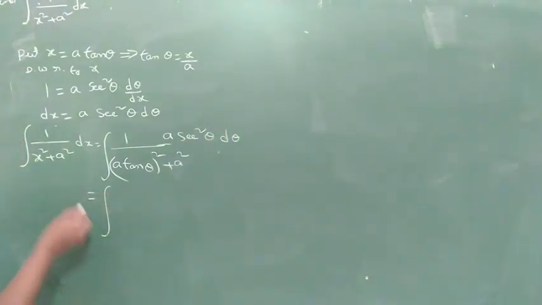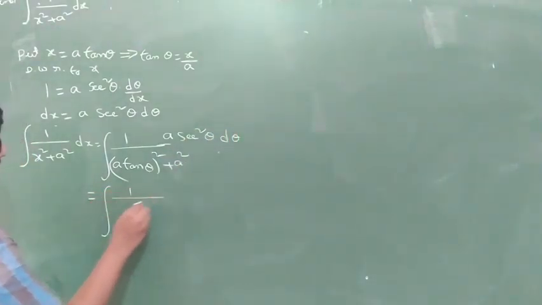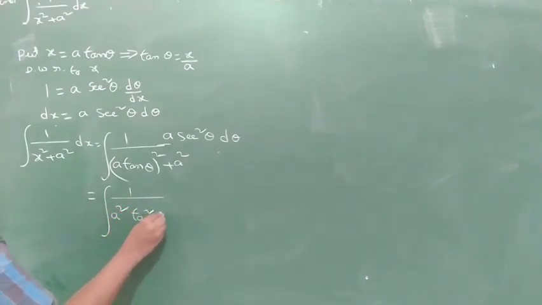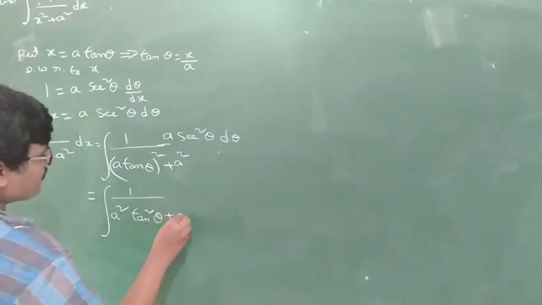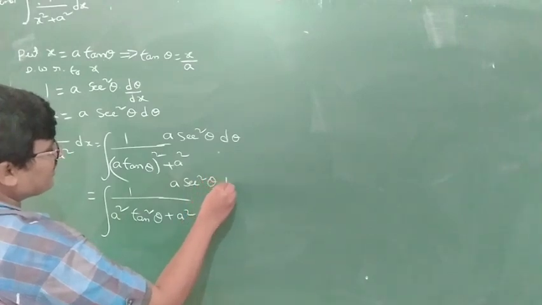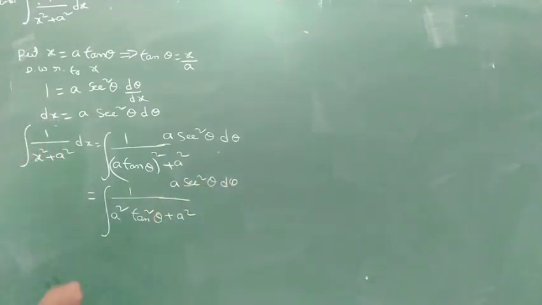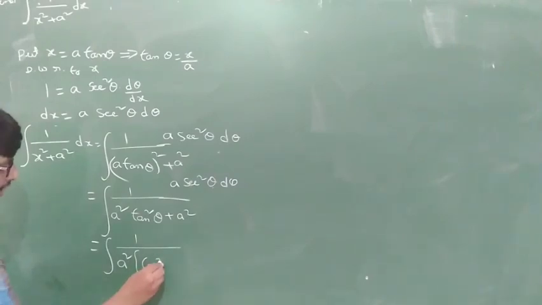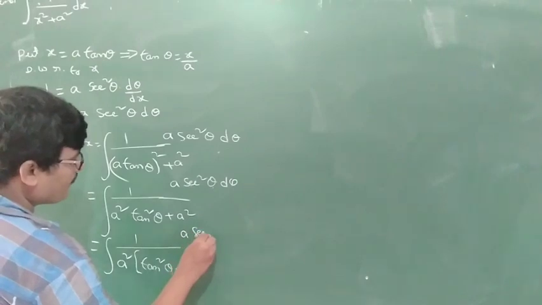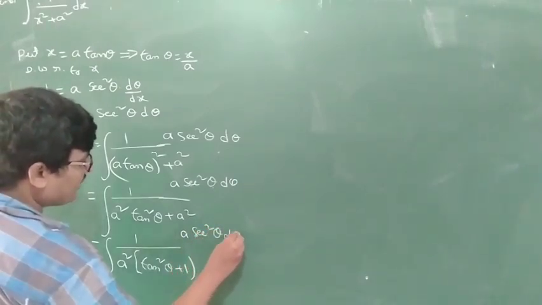So that is equal to integral 1 by a square tan square theta plus a square into a into secant square theta d theta. First, take a square common in the denominator: a square common, tan square theta plus 1, into a into secant square theta d theta.